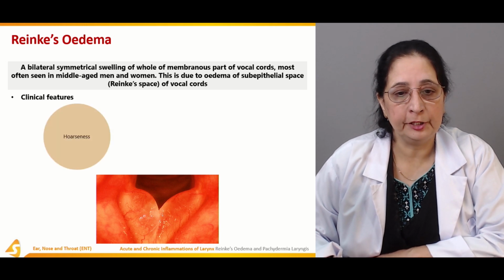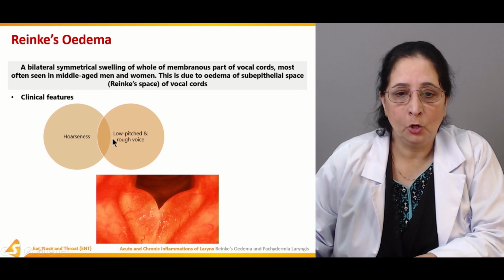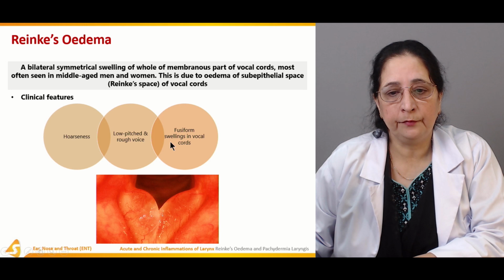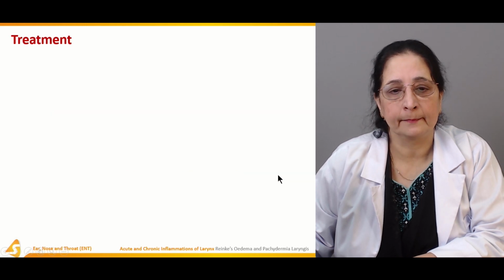The clinical features include hoarseness of the voice, low-pitched and rough voice, fusiform swelling in vocal cords, and hyperemic and hypertrophic ventricular bands.